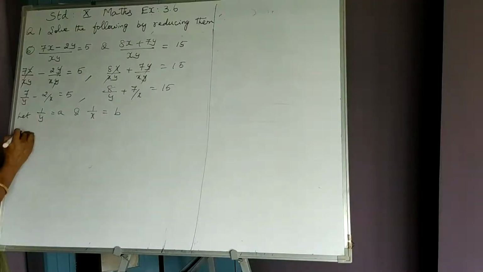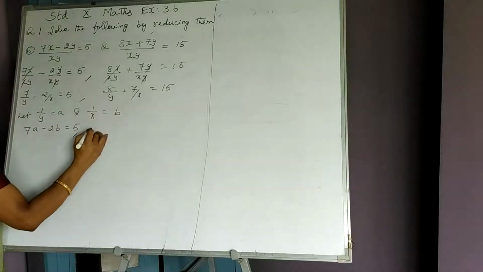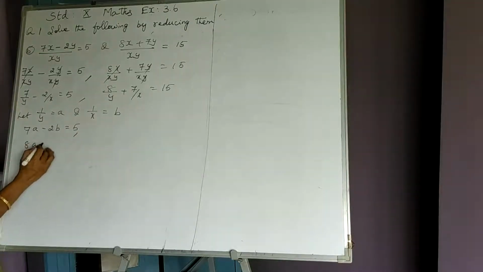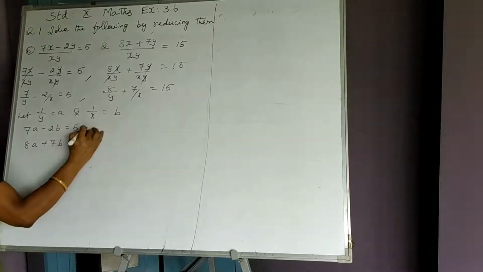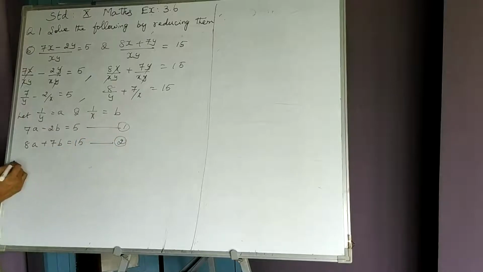Therefore this reduces to 7a minus 2b equal to 5, and this reduces to 8a plus 7b is equal to 15. So this, let us number it as first equation and this is the second equation.